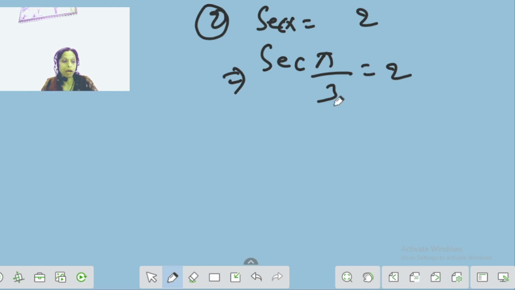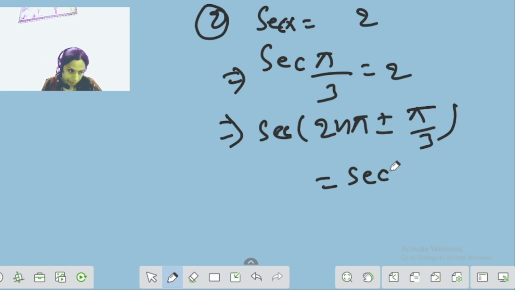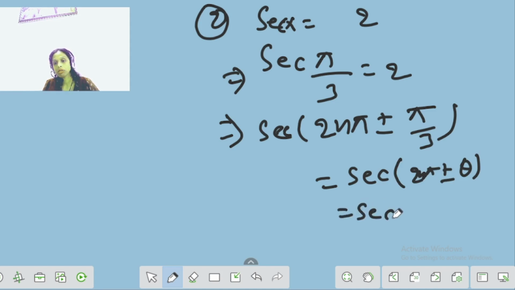You know it? Now you have to write it in a 2 pi form. Then what will you write here? You will write sec(2n pi plus minus pi by 3) is equal to sec pi by 3, because you know very well that sec(2n pi plus minus theta) is equal to sec theta.